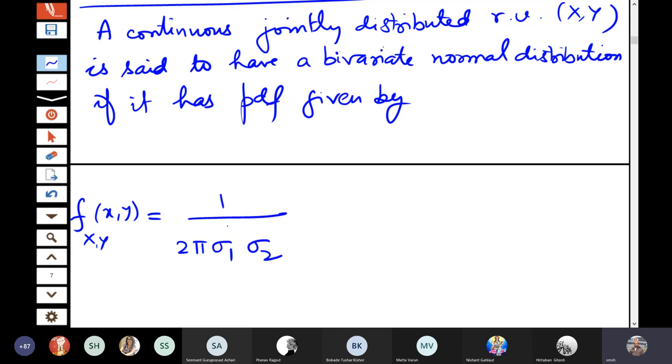So you can easily understand, in one normal distribution you had 1 by sigma 1 root 2 pi and another one was 1 by sigma 2 root 2 pi. So this will be the product term, but we have something more here.